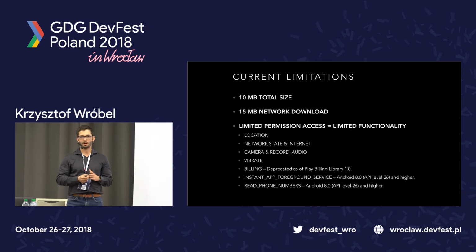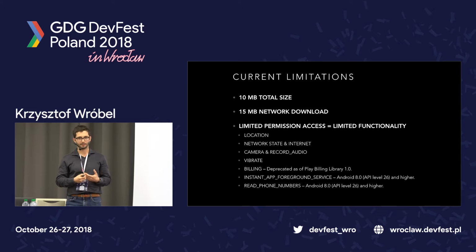Yeah, and there are also limitations. You really need to think about how you create your instant app, because you have only 10 megabytes in total, so your instant app has to be lower than that. And I think you can only download up to 15 megabytes of additional assets. So if your app downloads some sort of mesh model, like a different watch, you need to make sure that it's below that.